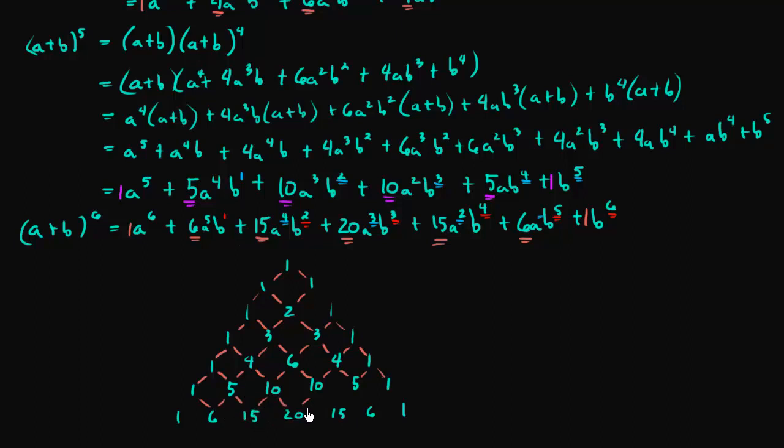And if I add these two coefficients, I get the coefficient in the next expansion. If I add 10 and 5, I get 15. And if I add 5 and 1, I get 6. And so forth. So it certainly seems like there's a pattern in this triangular pattern.